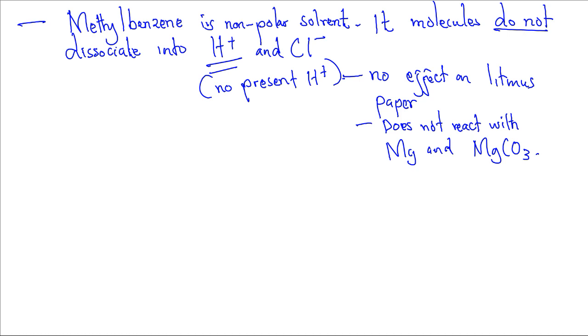So if we test for the electrical conductivity, then the bulb will remain dim, because methylbenzene does not allow hydrogen chloride gas to ionize to give mobile ions.